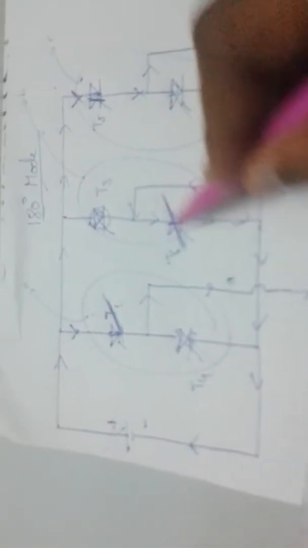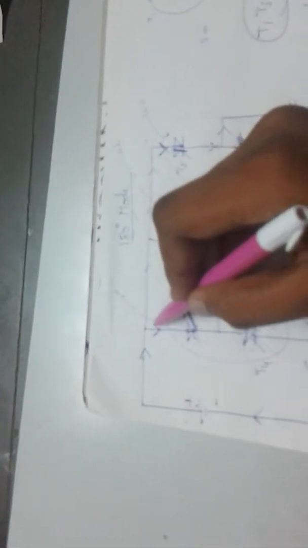After that, from 60 to 120, T1 is conducting, T6 is conducting, and T2 is conducting. Same concept we will do like this. Now let's see, current flows like this.